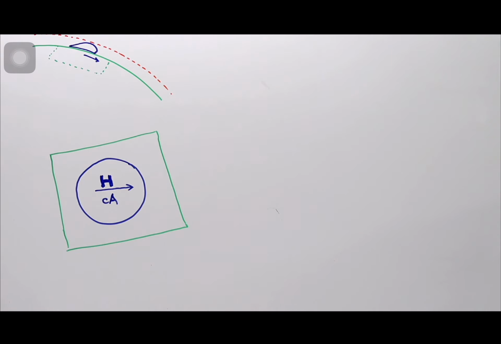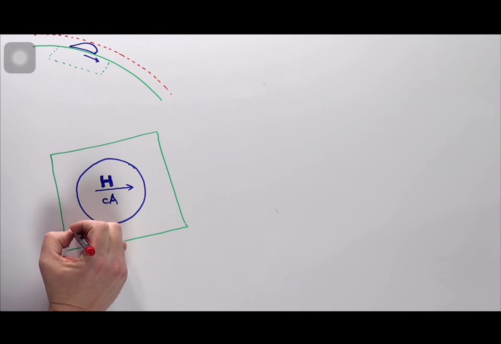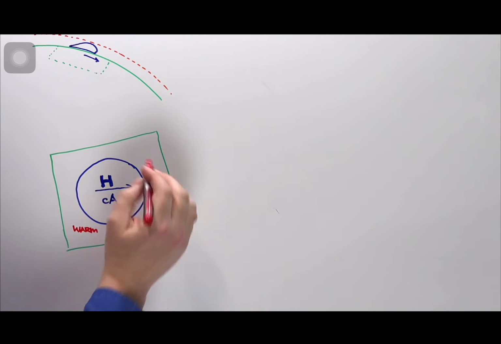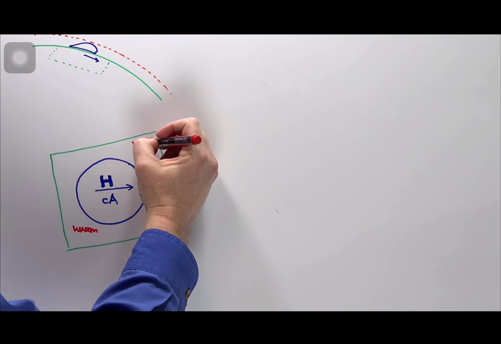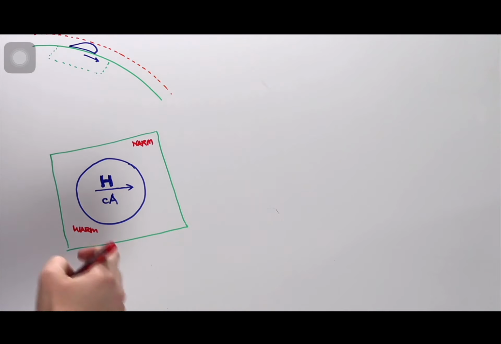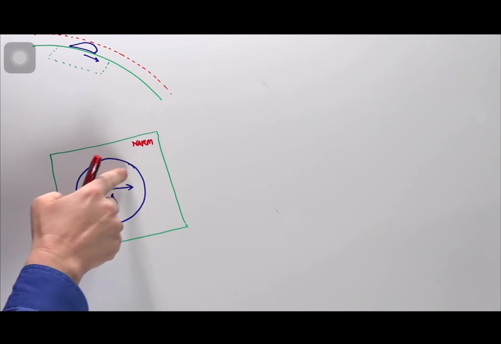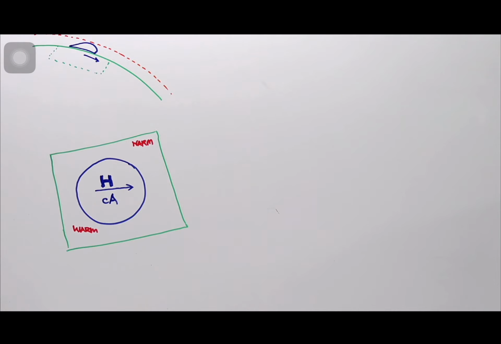So we need to remember that out over here, all around this bubble of cold air, I've got, of course, warm air surrounding it. Now, as this bubble moves, this cold air is going to advance into the warm air.